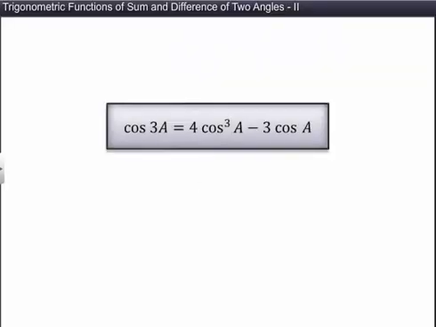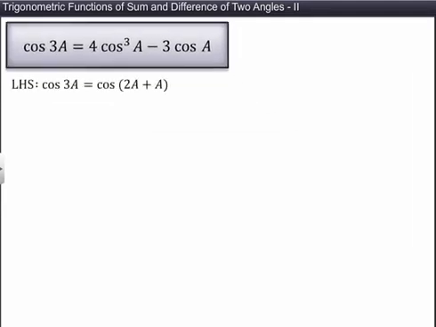Let us now prove that cos 3a is equal to 4 cos cube a minus 3 cos a. Cos 3a can be written as cos of 2a plus a. Recall that cos of a plus b is equal to cos a into cos b minus sin a into sin b.